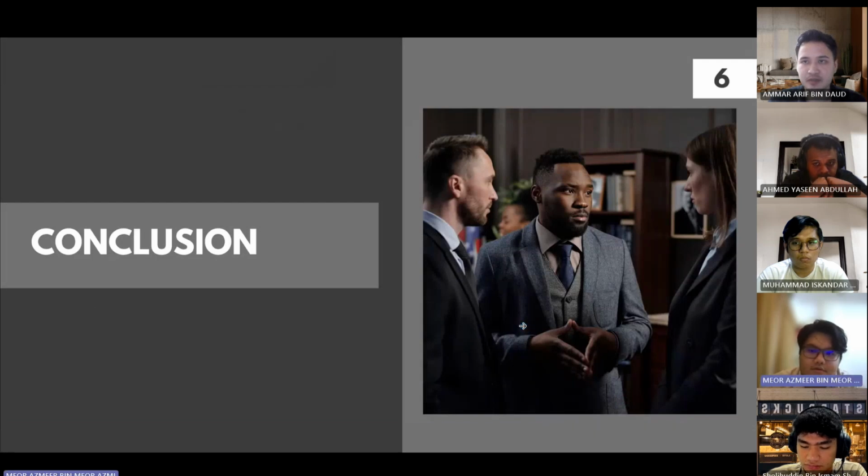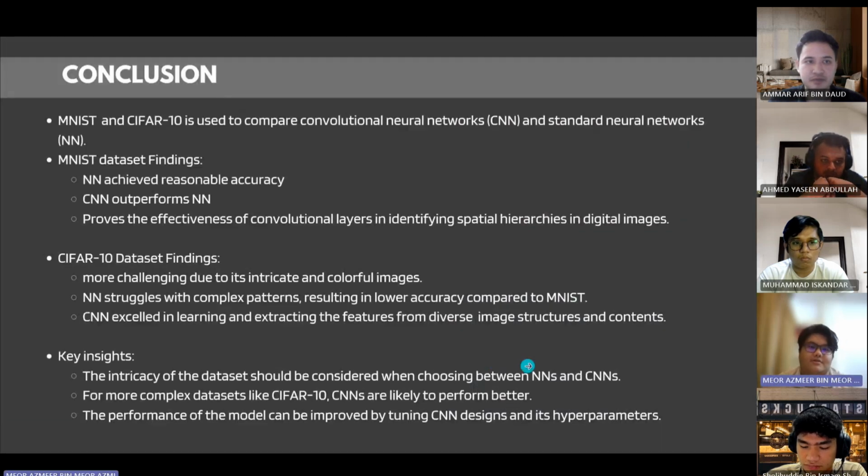So for the conclusion, MNIST and CIFAR-10 were used to compare convolutional neural networks and standard neural networks. For the MNIST dataset findings, we find that the neural network achieves reasonable accuracy and the convolutional neural network outperforms the neural network. This proves the effectiveness of convolutional layers in identifying spatial hierarchies in digital images.